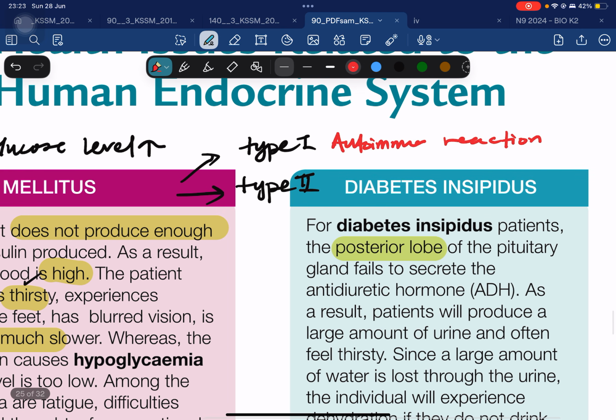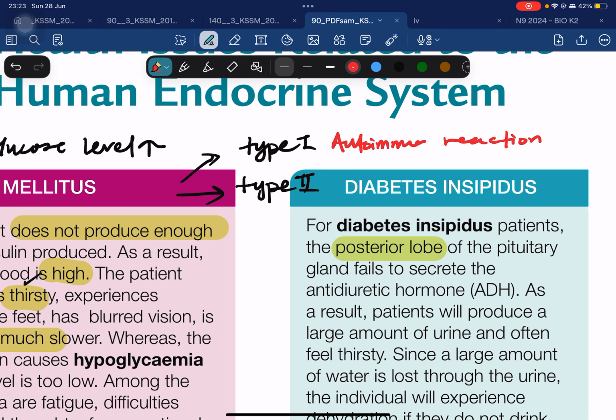So what is an autoimmune reaction? Imagine your immune system gets haywire, and it tries to attack and destroy your insulin producing cells.